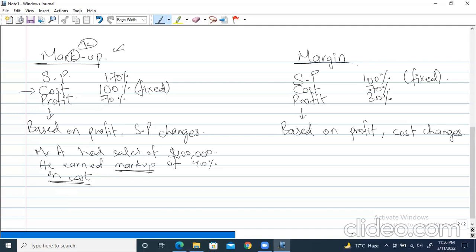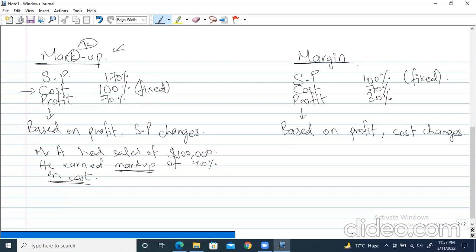Cost is 100%, and everything in the world is taken as a percentage of 100%. So if the profit is a percentage of cost, that means this is a markup. But in margin, if something is a percentage of selling price, that is called a margin. So if there is no word given in the question specifically describing markup or margin, you can pick it up easily like this.